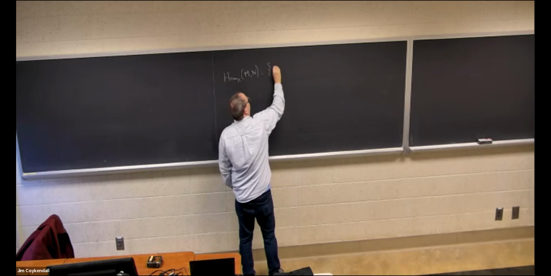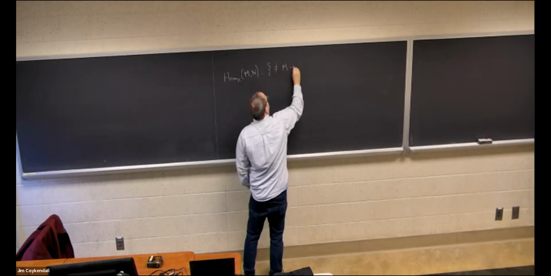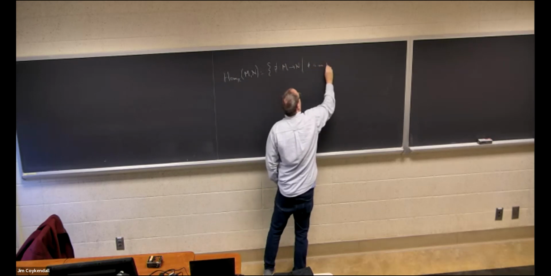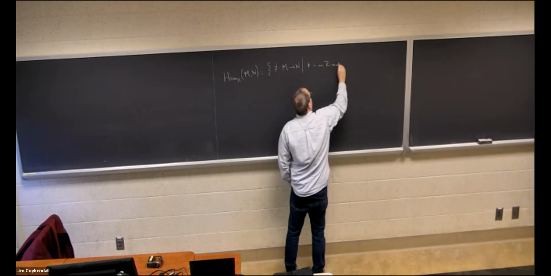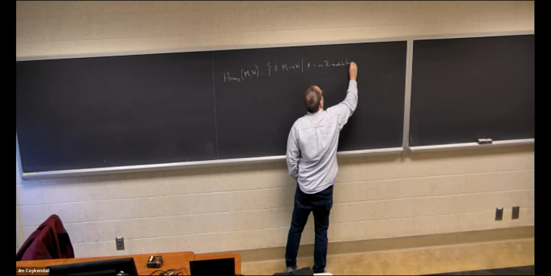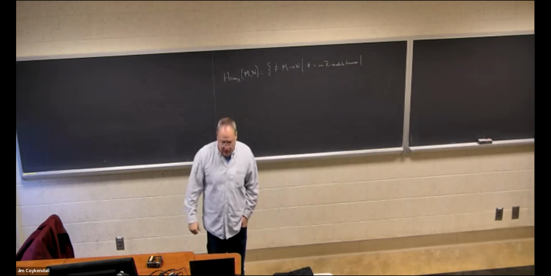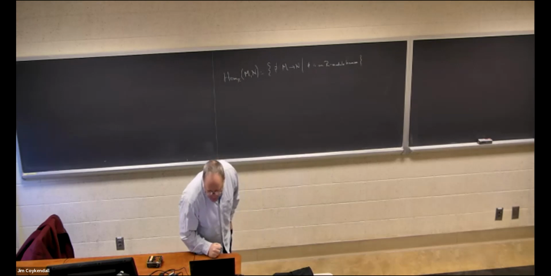This is the set of φ from M to N such that φ is an R-module homomorphism. So that was a notation that we introduced last time.